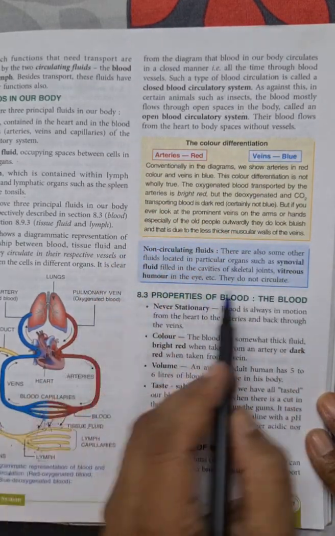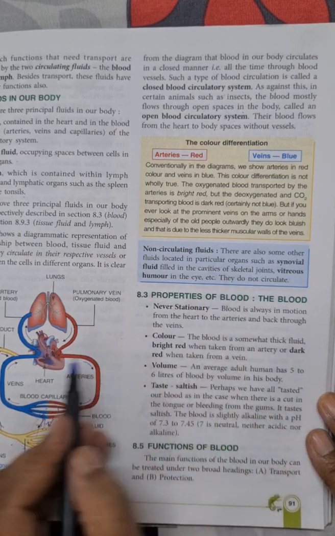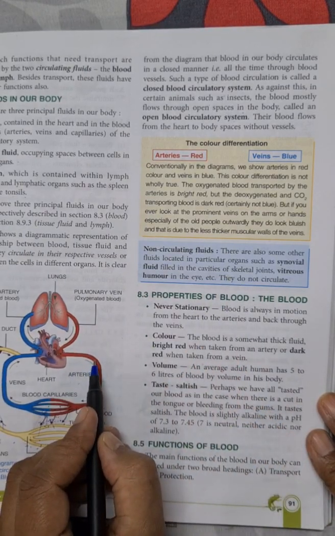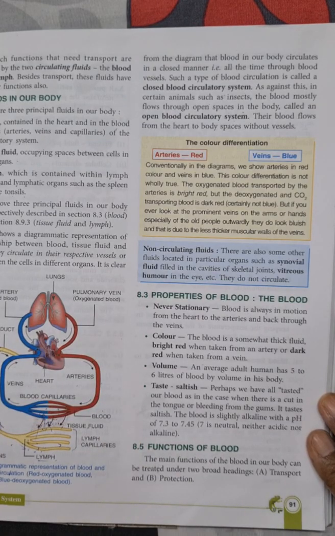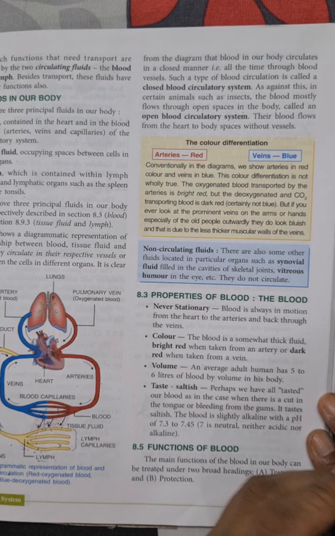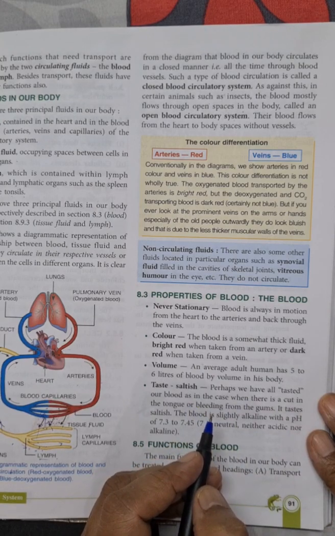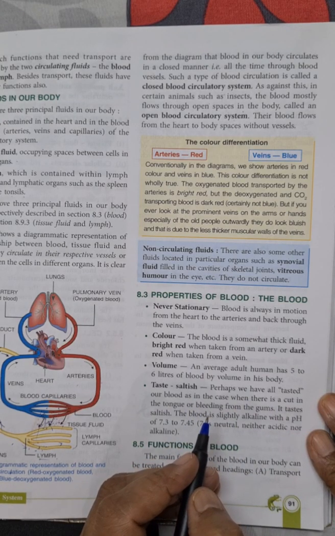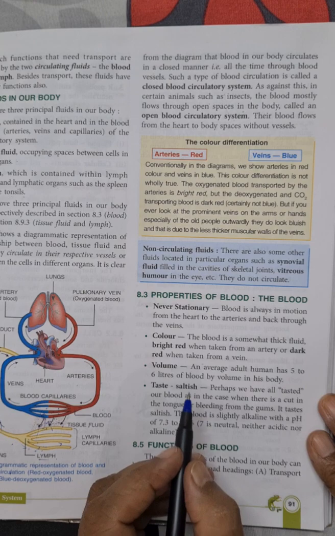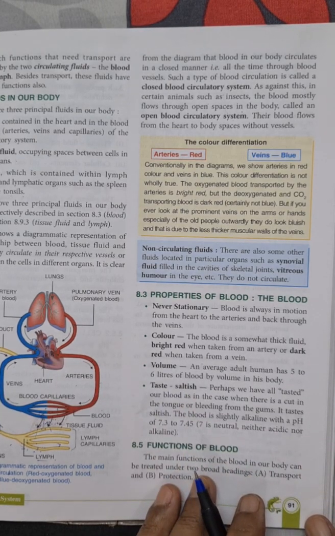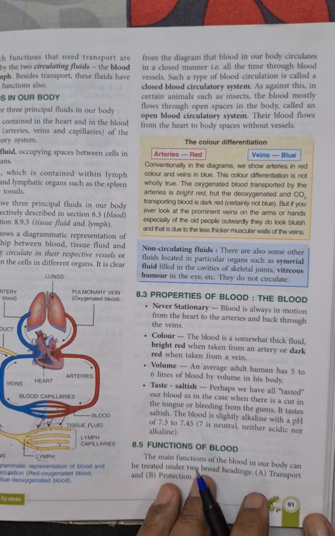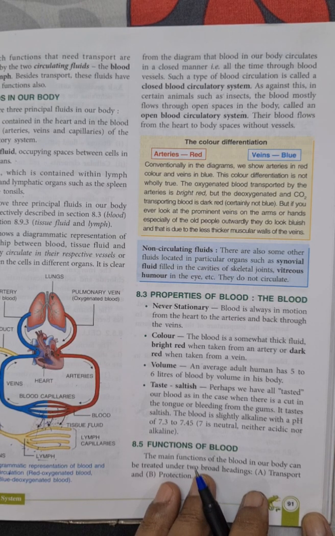In diagrams related to circulation, arteries are always shown in red and veins in blue. It doesn't mean that blood flowing through a vein is blue in color. Blood is always red in color. Arteries carry oxygenated blood and it is bright red in color, and veins carry deoxygenated blood, so it is dark red in color.